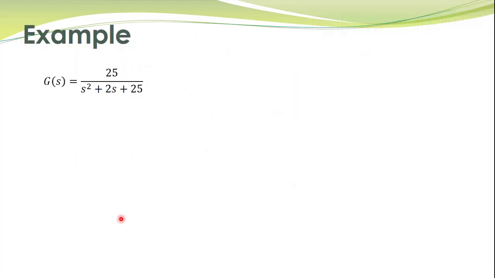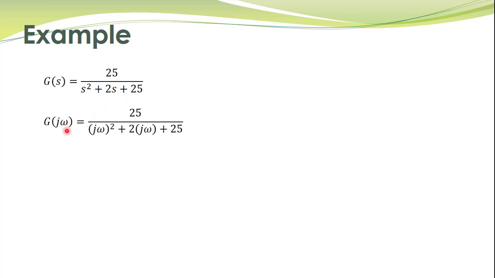So let's take a simple transfer function with some numerical values and obtain its asymptotic Bode diagram. First, it would be convenient to write it in the form which was written in the previous slide. That is, we divide both the numerator and denominator by 25.